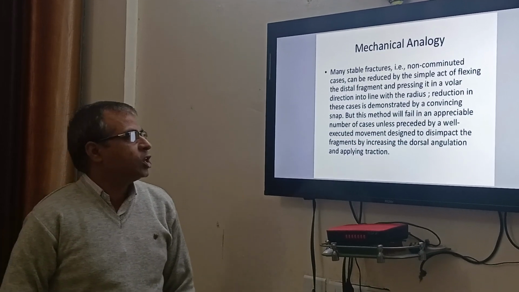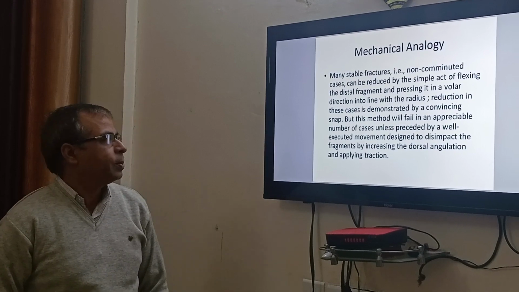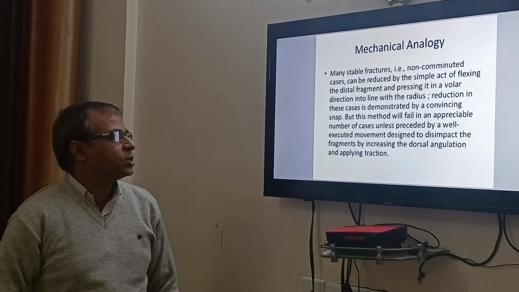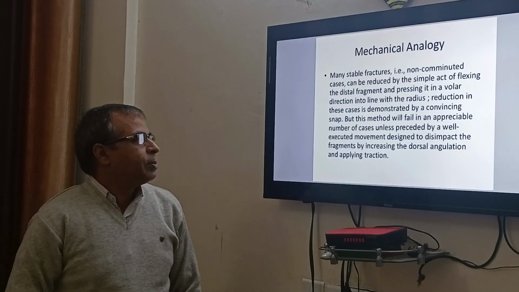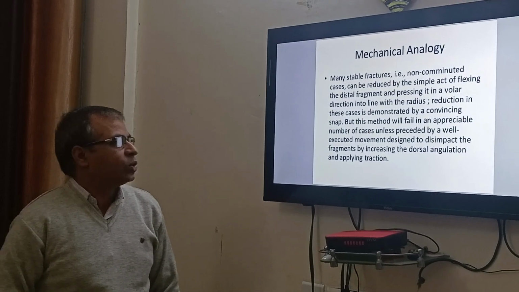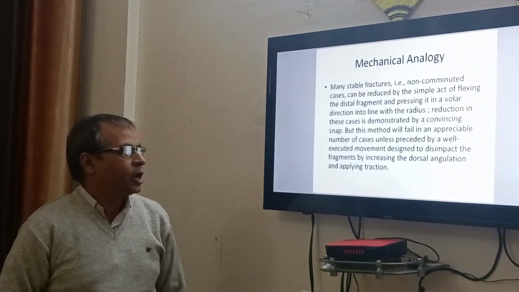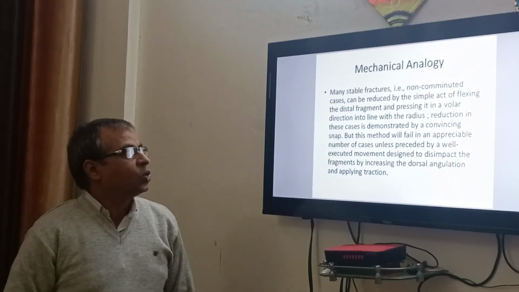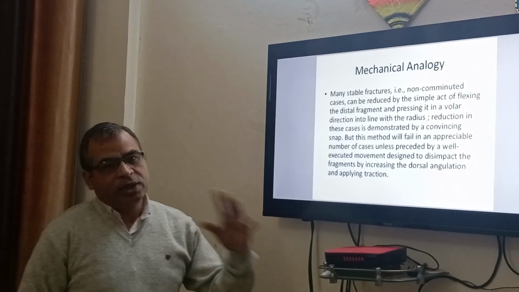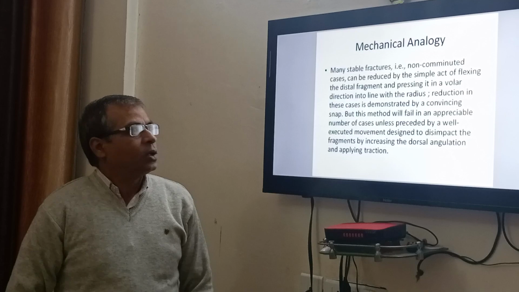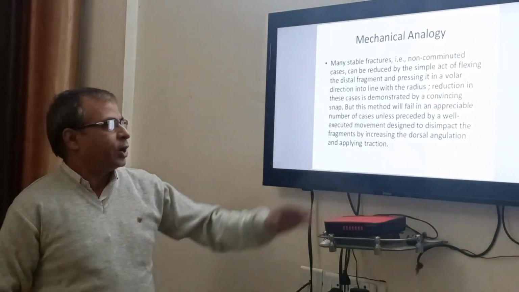Reduction in this case is demonstrated by a convincing snap, but this method will fail in an appreciable number of cases unless preceded by a well-executed movement designed to disimpact the fragments by increasing the dorsal angulation and applying traction. So there is a technique to reduce the Colles fracture that should be biomechanically appropriate.